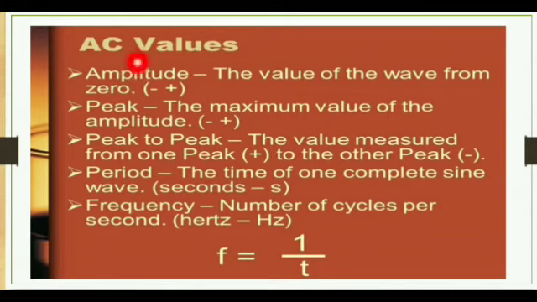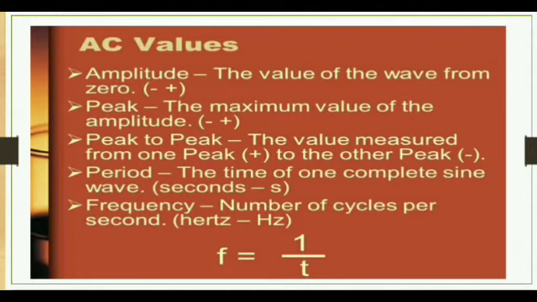The next one is peak. The maximum value of the amplitude is the peak, and peak to peak is the value measured from one peak to the other peak, right?